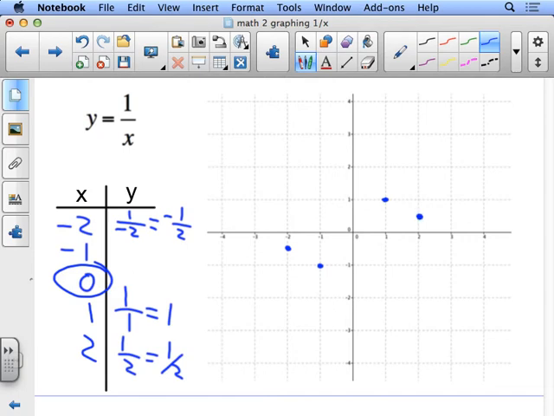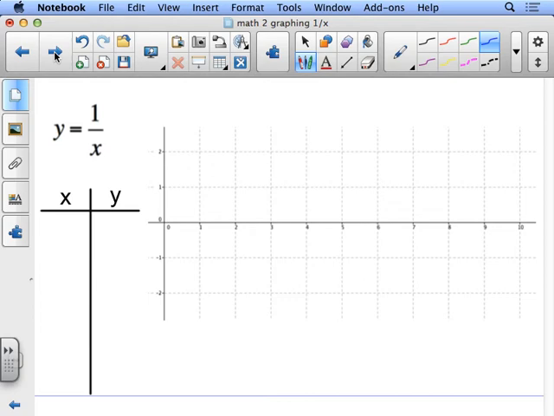Okay? So something's going on both sides of the y-axis, and we're going to talk about that in a little bit. But first of all, let's talk about what's going on far to the right and far to the left. So we already plugged in 1 and 2, and we're going to talk about as we keep going towards positive infinity, or bigger and bigger numbers. So we'll go 1, 2, 4, 6, and 10.